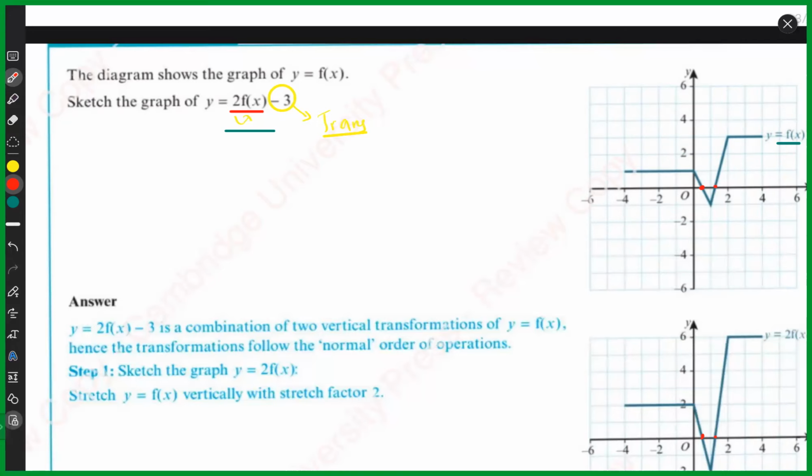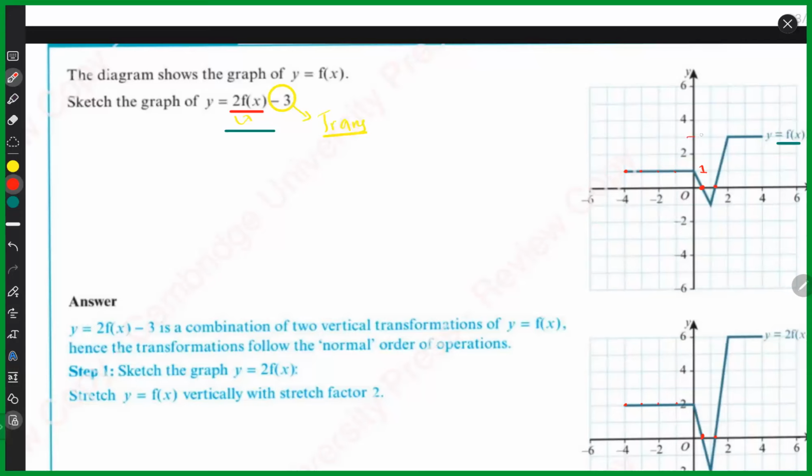For example, if I look at this point, it is 1 over here, but when I multiply it by 2, this would become 2. Similarly, this point, this point, this point, and all these points are basically against y equals 2. Do not worry, things would make sense in some time. Just relax. Then this was my original function.